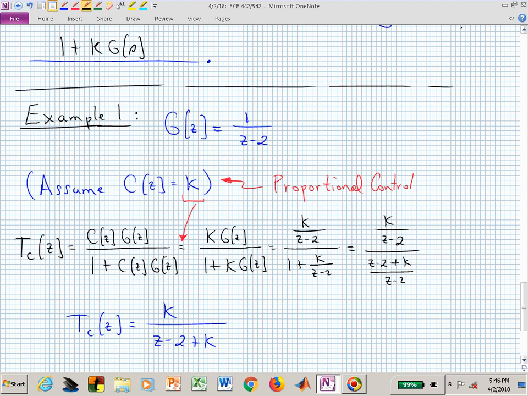If we put everything over a common denominator, which is z minus 2, now we have a numerator and a denominator ratio which share a common denominator. That can be canceled. And we're left now with our closed loop transfer function, capital T sub C of Z, equal to K over z minus 2 plus K.